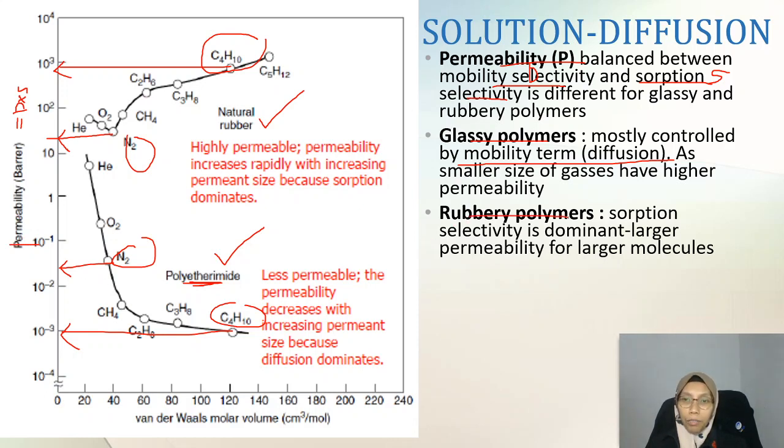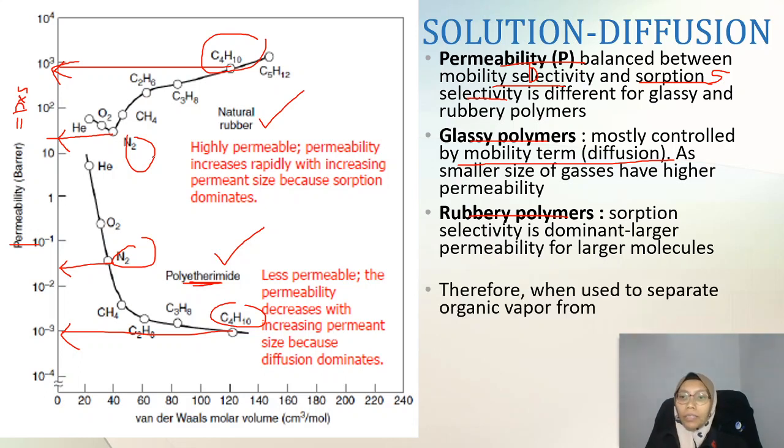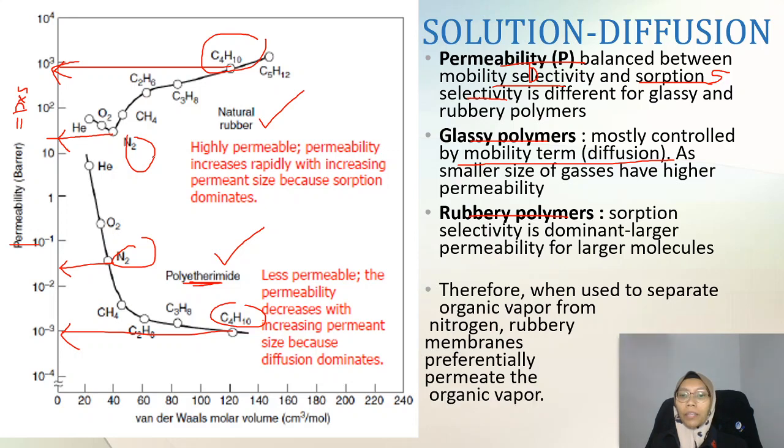But in rubbery polymers, sorption selectivity is dominant, meaning the larger molecule will have higher permeability compared to the smaller gases. So when we are going to separate organic vapor from nitrogen, basically we prefer to use a rubbery membrane.